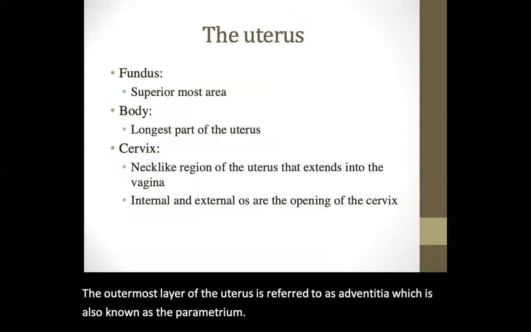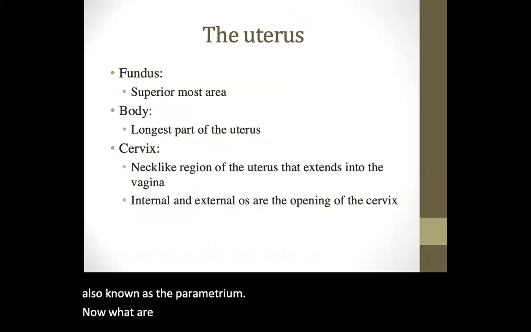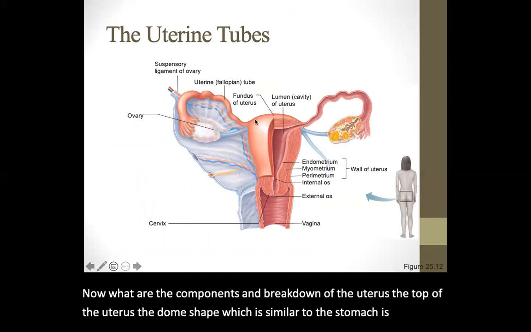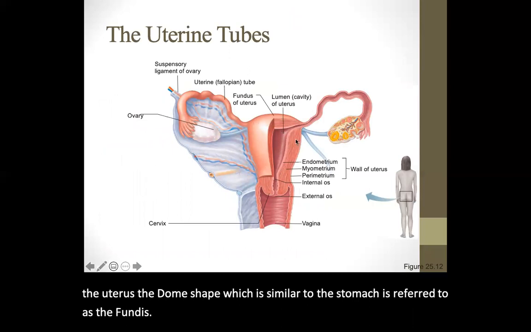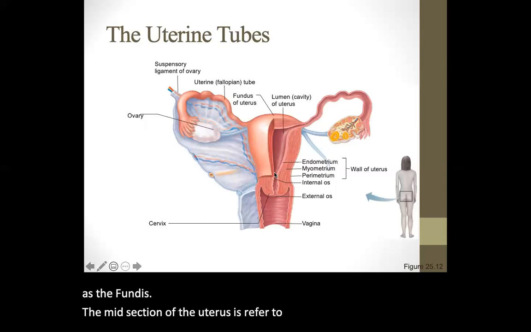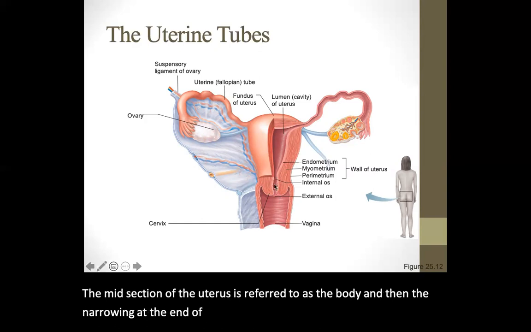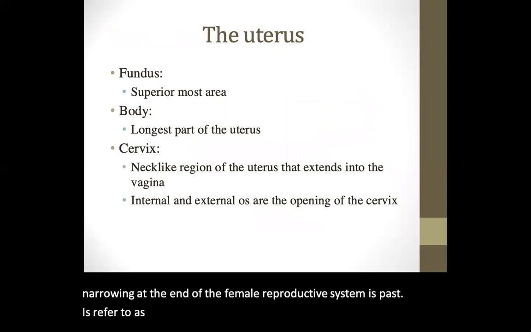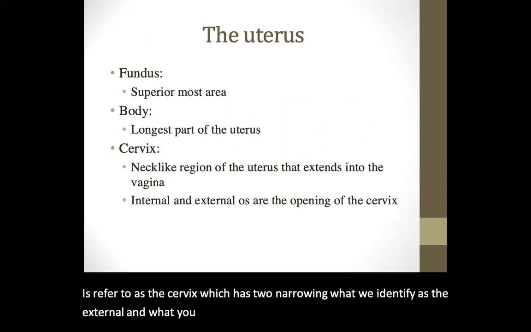Now, what are the components and breakdown of the uterus? The top of the uterus, the dome shape, which is similar to the stomach, is referred to as the fundus. The midsection of the uterus is referred to as the body. And then the narrowing at the end of the female reproductive system is referred to as the cervix, which has 2 narrowings, what we identify as the external and what we identify as the internal os.